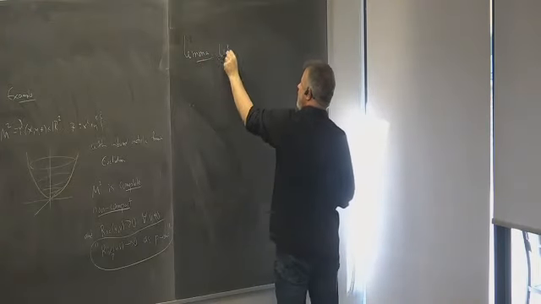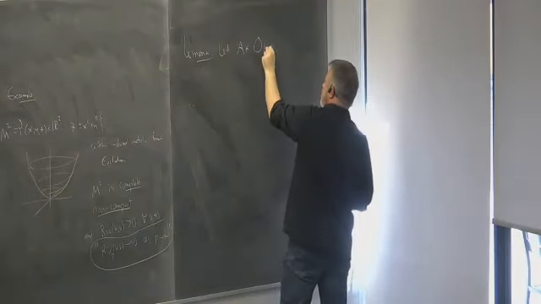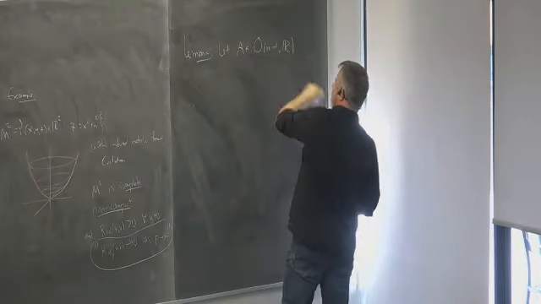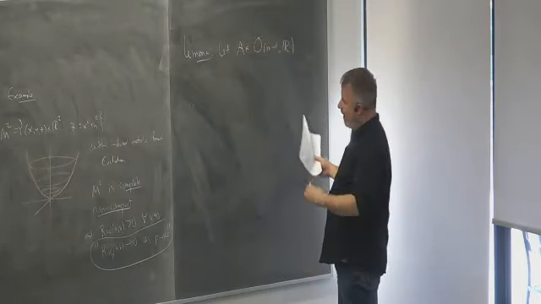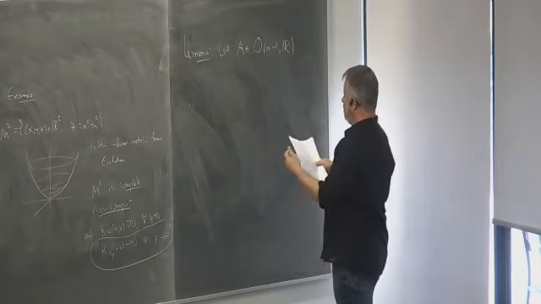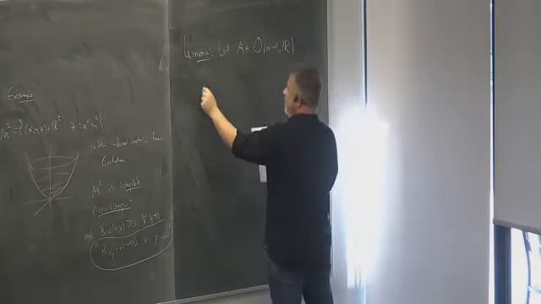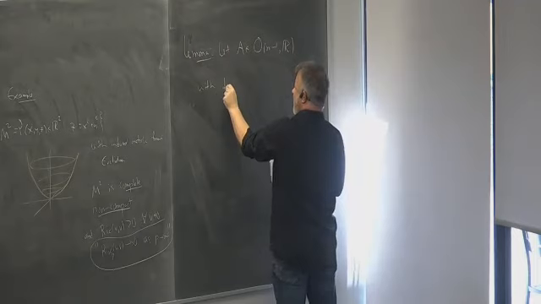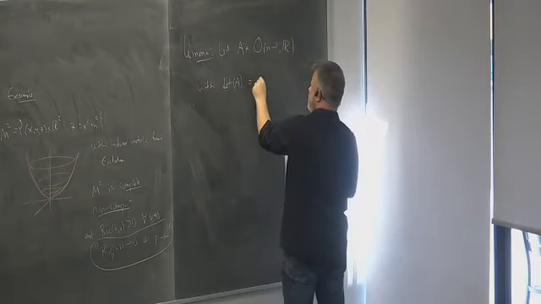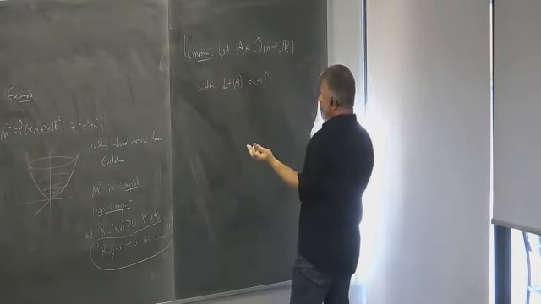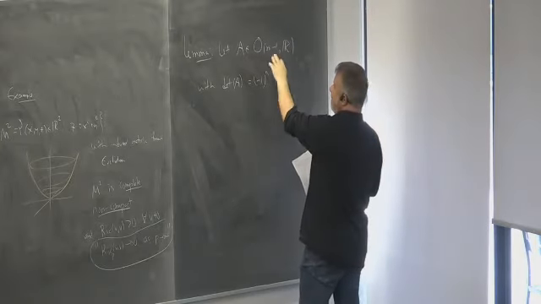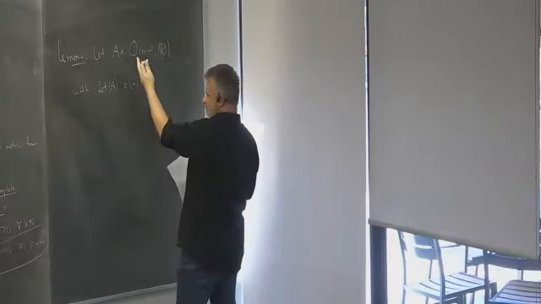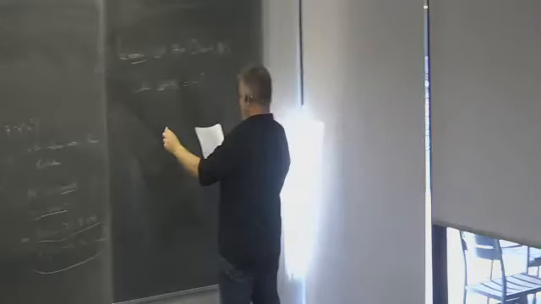Okay, so lemma. Let A be an orthogonal matrix on R^(n-1). So it's an (n-1) by (n-1) real matrix whose inverse is equal to its transpose. And suppose that the determinant of A is (-1)^n. That's just a short way of writing: if n is even, then this is 1, and if n is odd, it's -1.